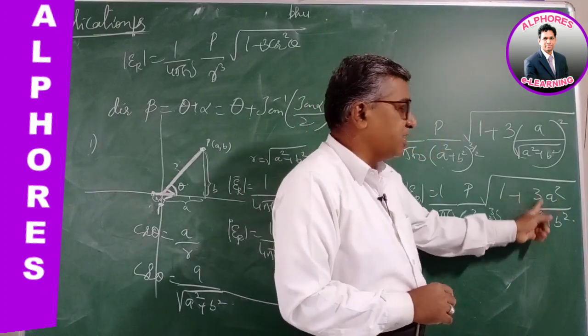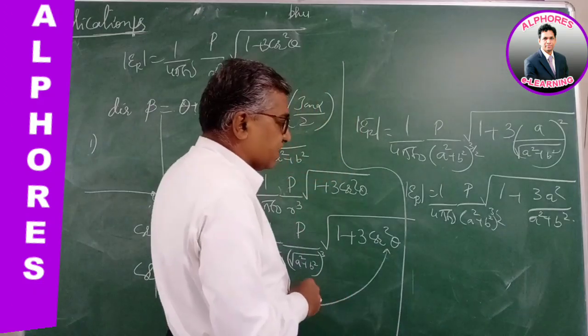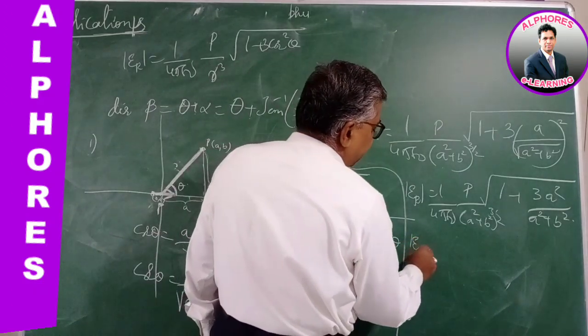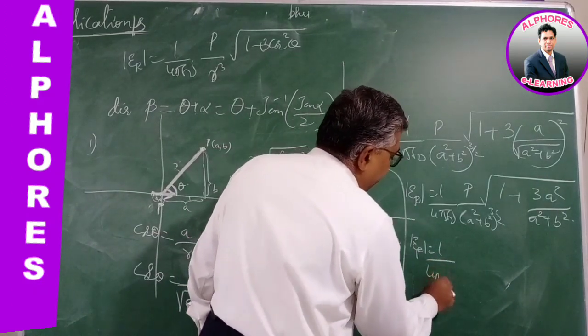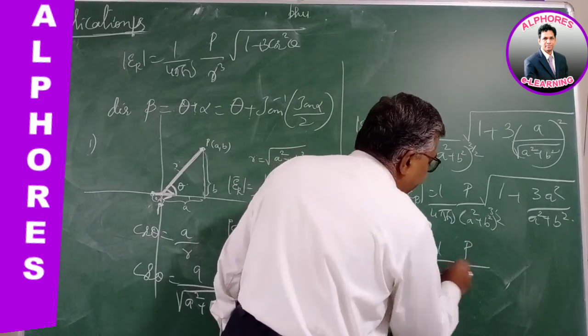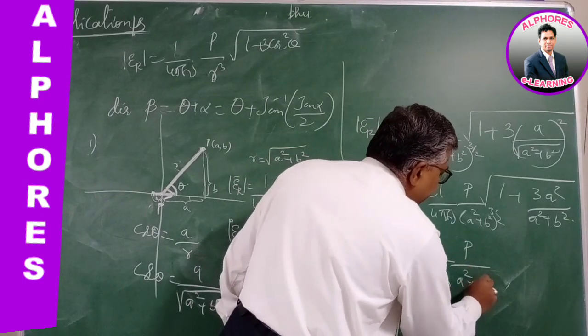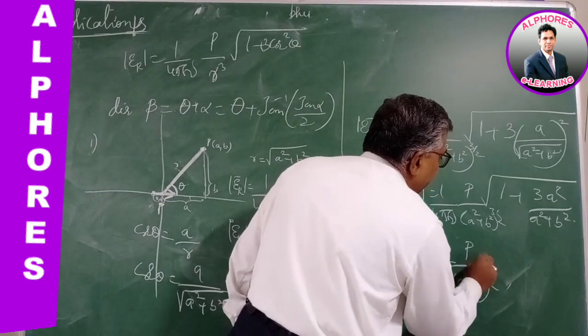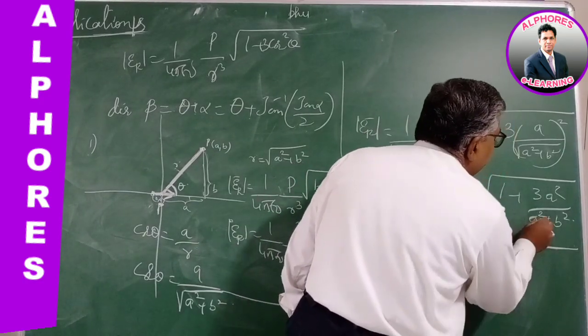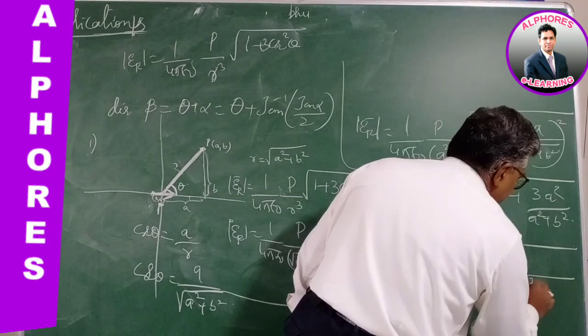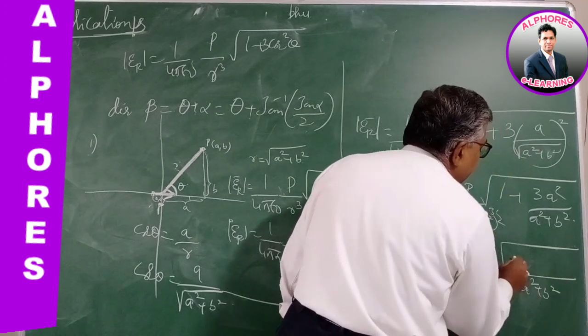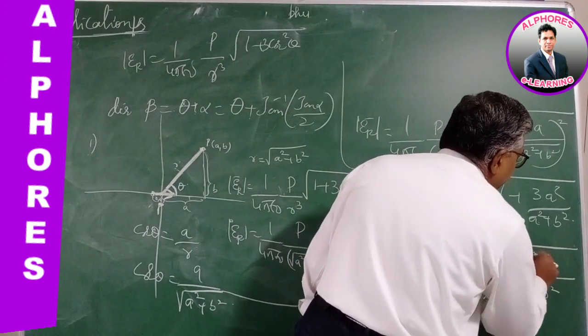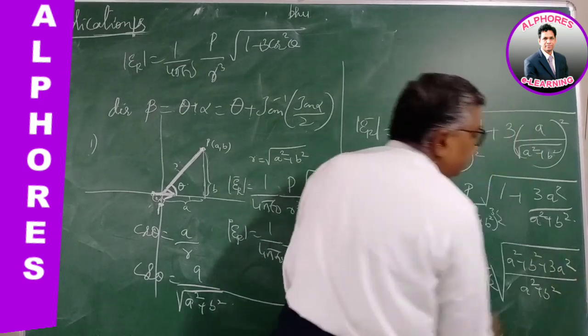You can take LCM and simplify further. Taking LCM, under root it is A square plus B square plus 3A square.